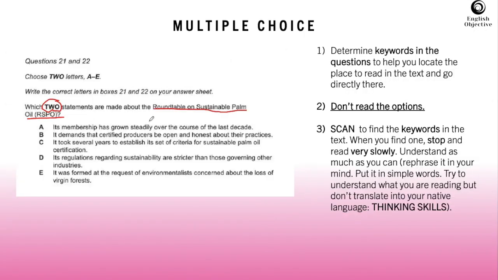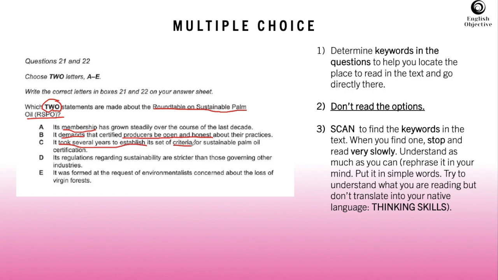A, membership has grown steadily over the course of the last decade. B, it demands that certified producers be open and honest about their practices. C, it took several years to establish the criteria for the certification.